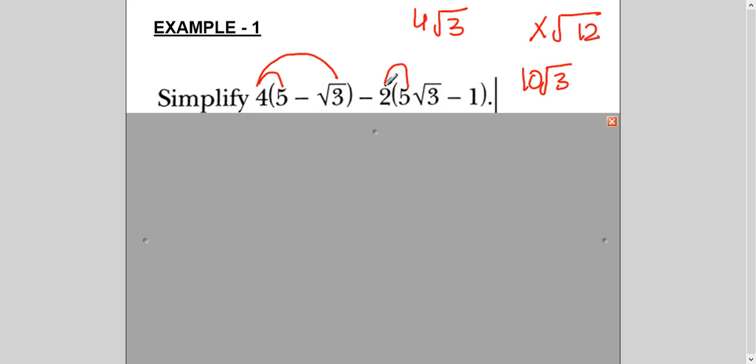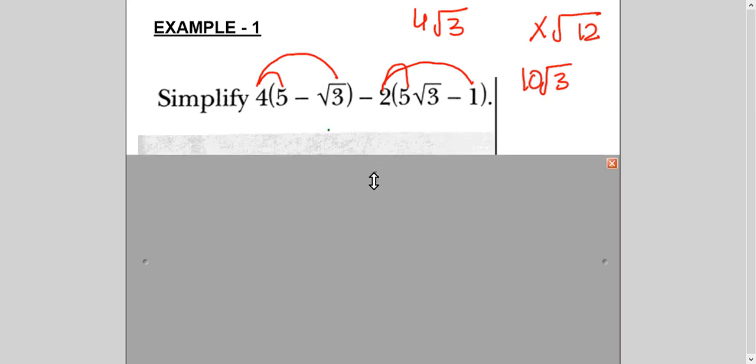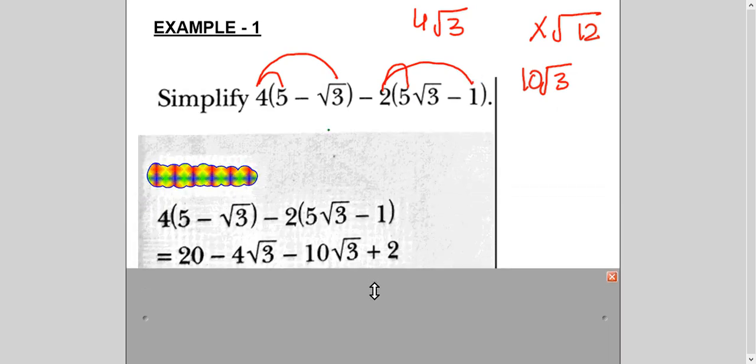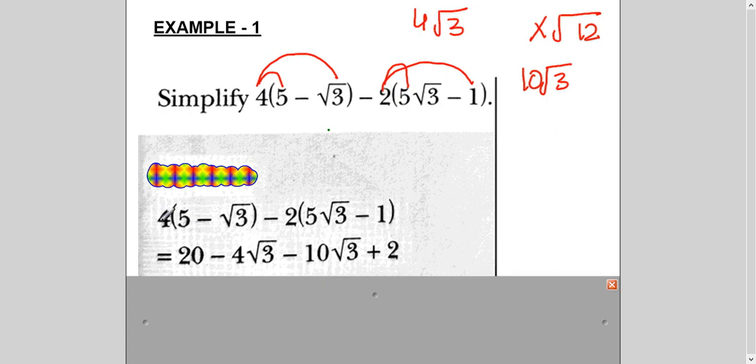Sometimes children make the mistake of multiplying this by this. No, surds multiply by surds, and numbers without square roots are multiplied with numbers. And then 2 multiplied by 1 will be 2. So let's see here, what it will become? 4 5s are 20. 4 multiplied by root 3, because when there is no number here, you can understand that it is 1.